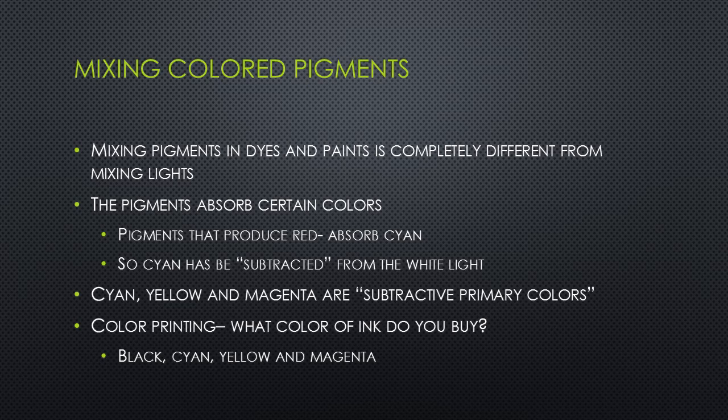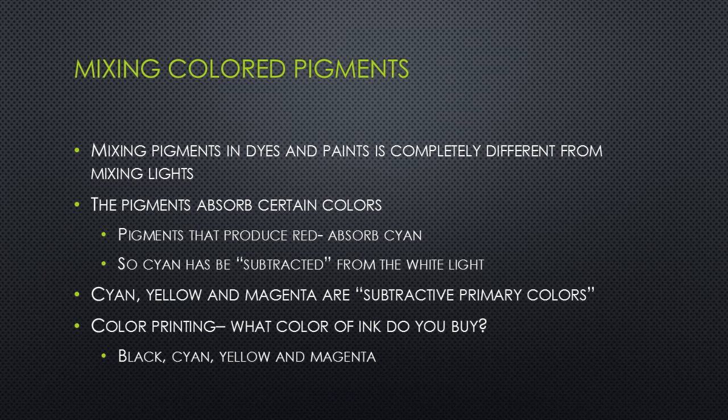The reason is because pigments look a certain color because they absorb certain colors and reflect certain colors. So pigments that produce red, what we see as being red, are absorbing the cyan color. So cyan has to be subtracted from the white light in order for a pigment to look red.